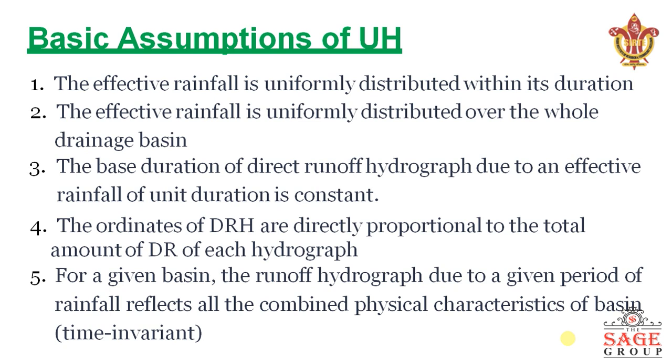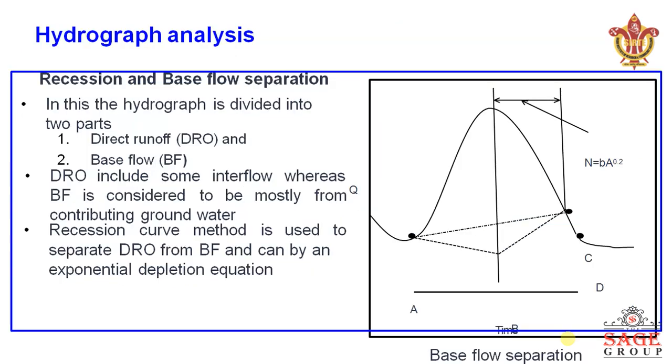The ordinates of direct runoff hydrograph are directly proportional to the total amount of direct runoff of each hydrograph. Last, for a given basin, the runoff hydrograph due to a given period of rainfall reflects all the combined physical characteristics of basin, that is, time invariant.